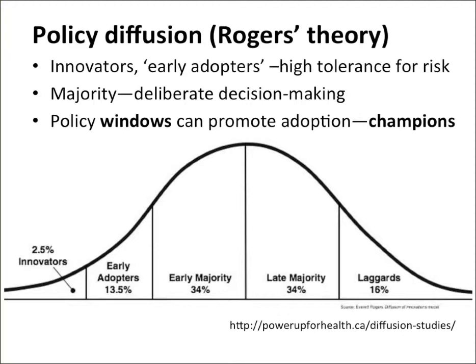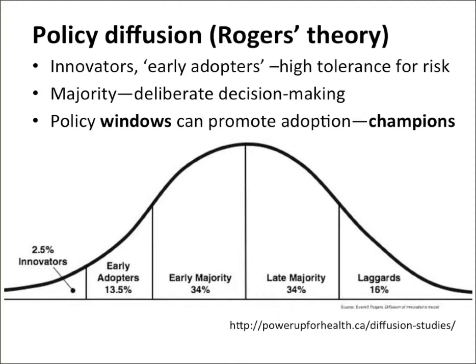This is an old organizational, behavior and innovation theory by Rogers that talks about, if we're going to think about implementing something new, doing these big social changes that we're talking about, what's the likelihood that our community is actually ready to do that? How can we begin to predict, and how can we work with our local policy environment to get change started at any stage of the game?